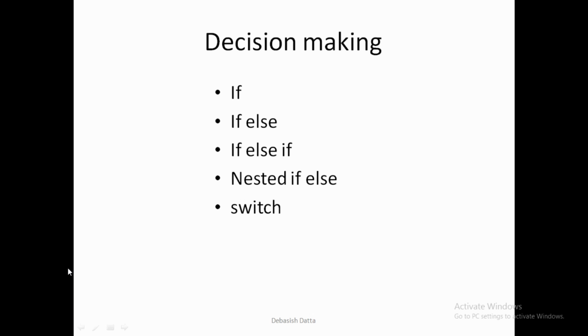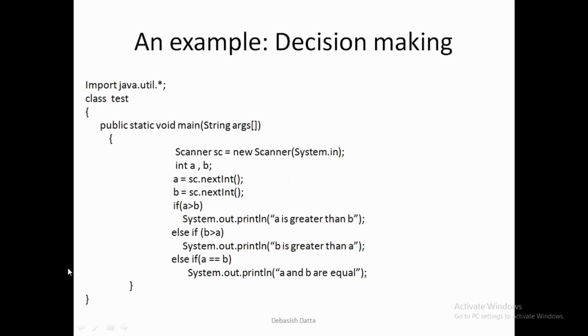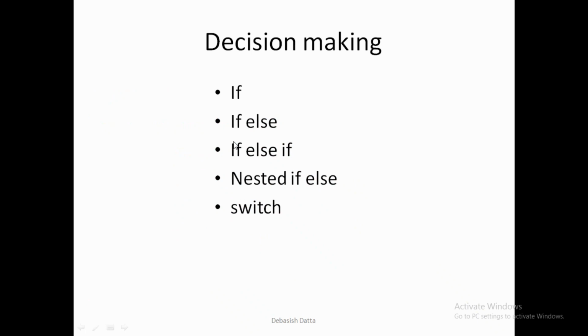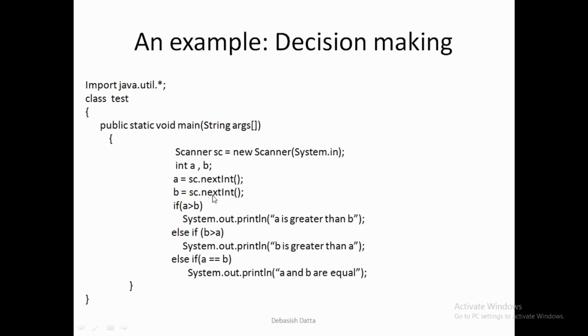Decisions can be taken using some of the reserved words or keywords which I have listed in this slide. In the next example, I have demonstrated one of the keywords which I have listed here, and how it can be used in a computer program.